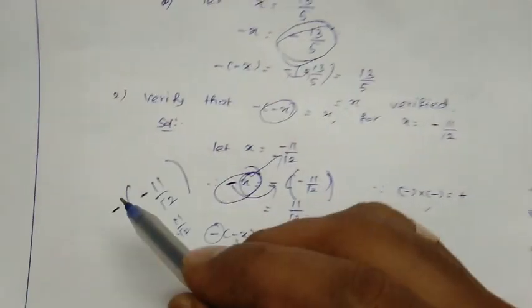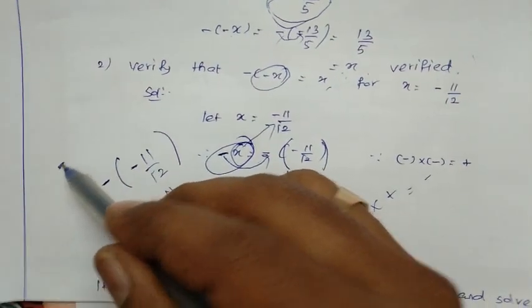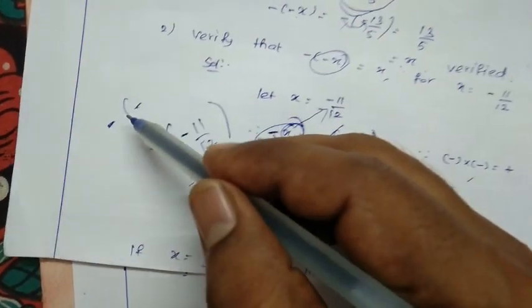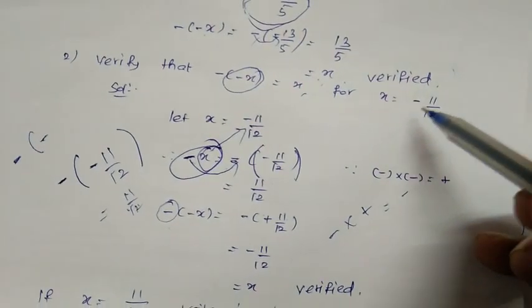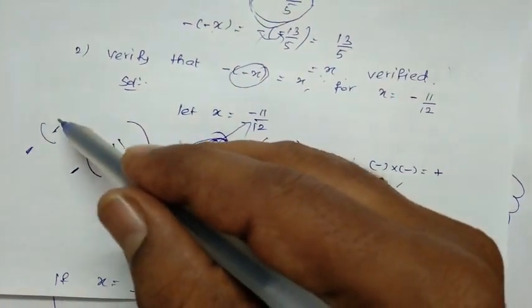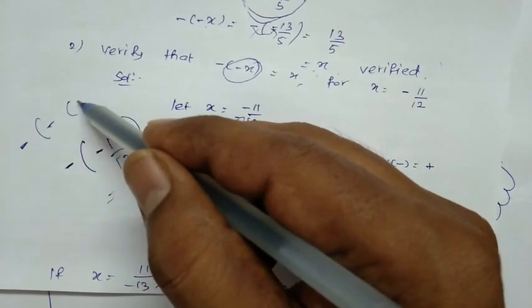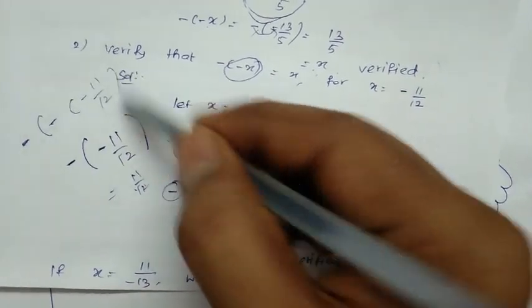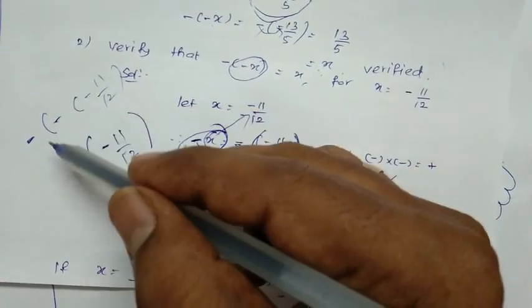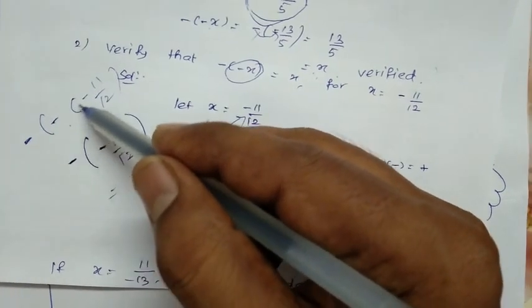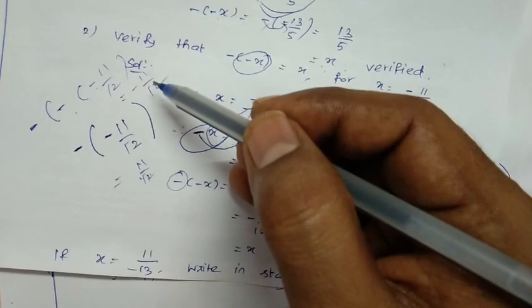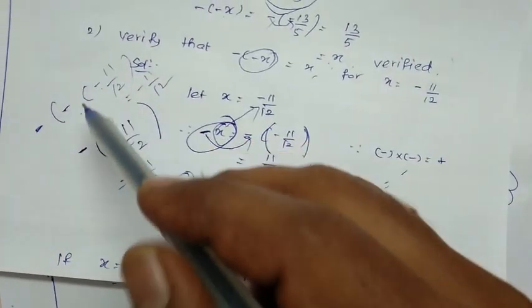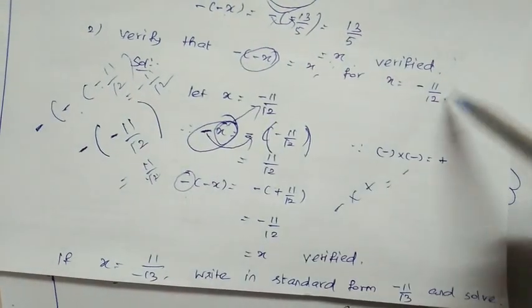So actually you have minus of minus x, with x value minus 11 by 12, in another bracket minus 11 by 12. Now how many minus are there? 1, 2, 3. Minus into minus plus, plus into minus minus, that is minus 11 by 12, odd number of negative signs. So that is minus 11 by 12, the x value.